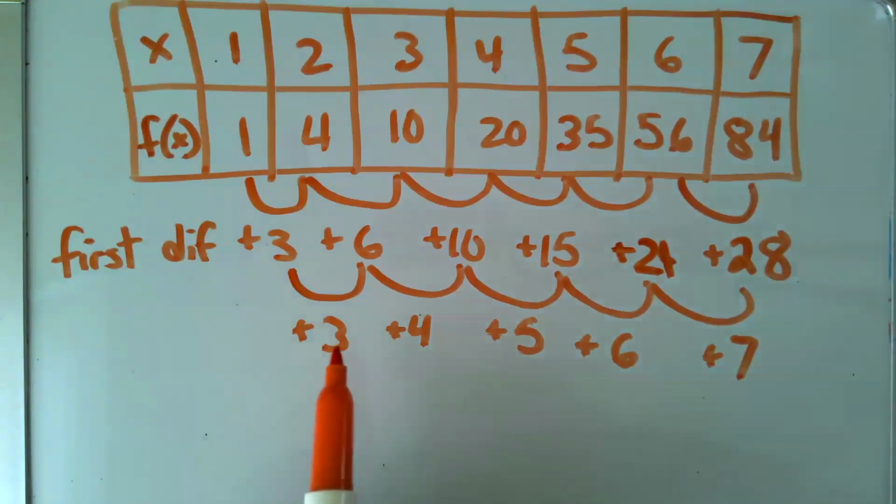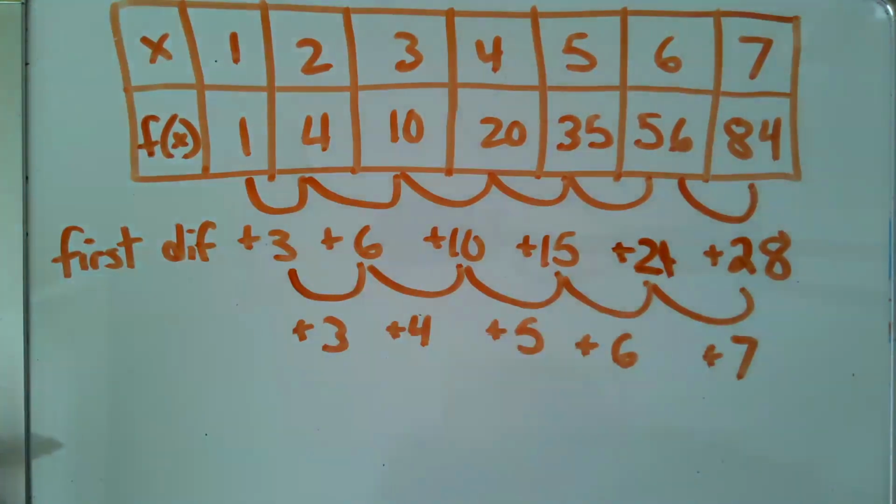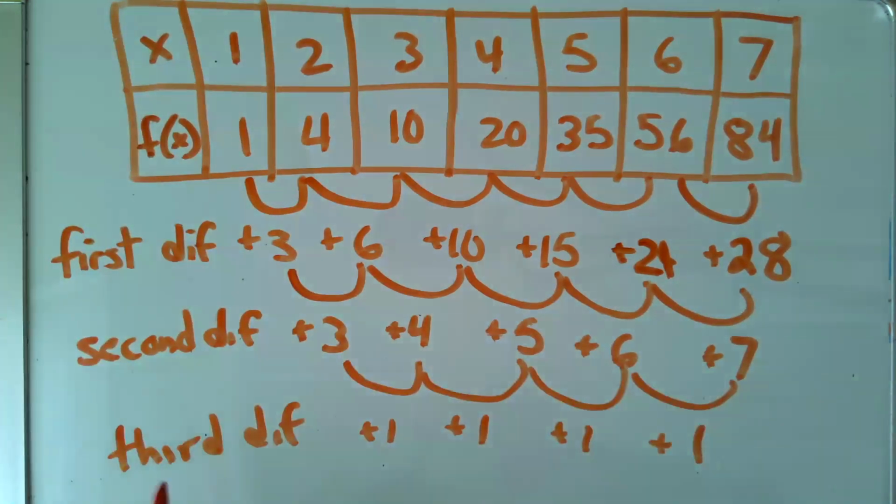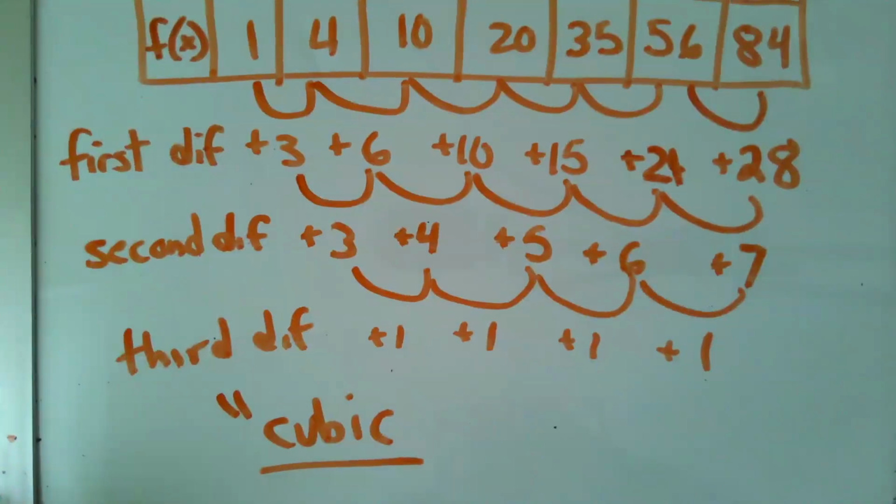And once again, if each of these differences were the same, then that would mean our function was a quadratic equation, but they're not. So now we do it again. Now, for this, our third difference, all of the finite differences are the same. That means this equation here is a cubic. That means its highest degree is to the third.